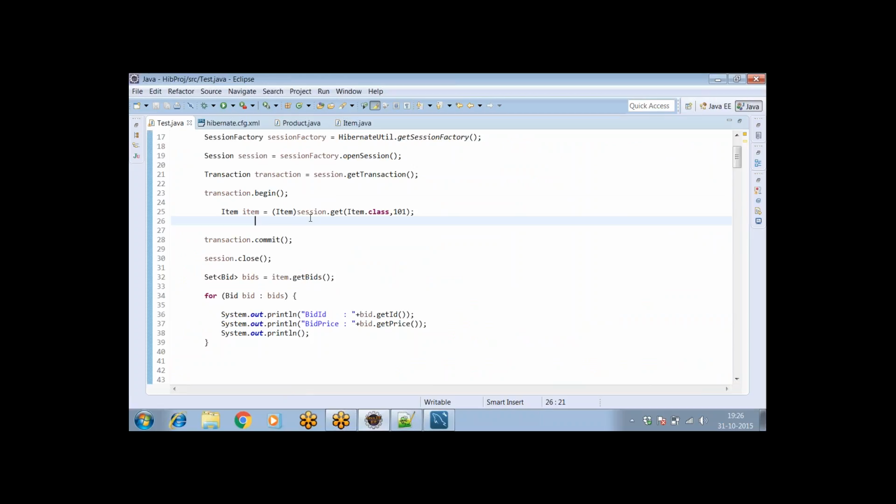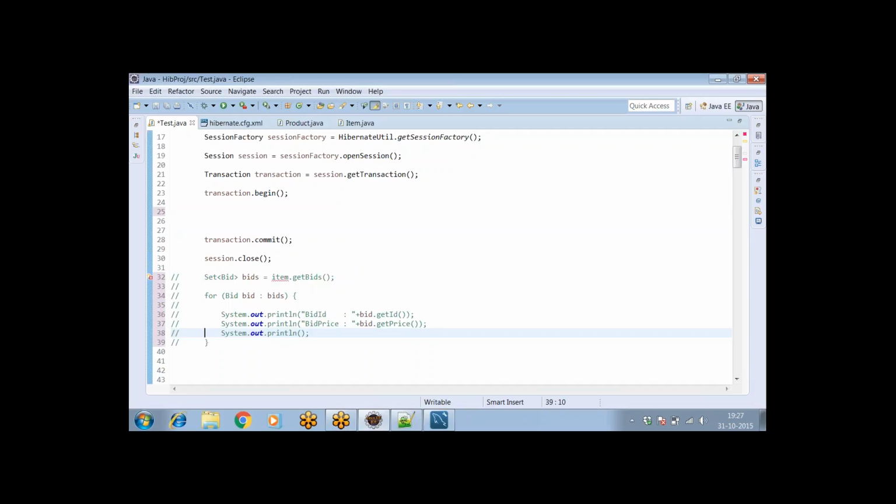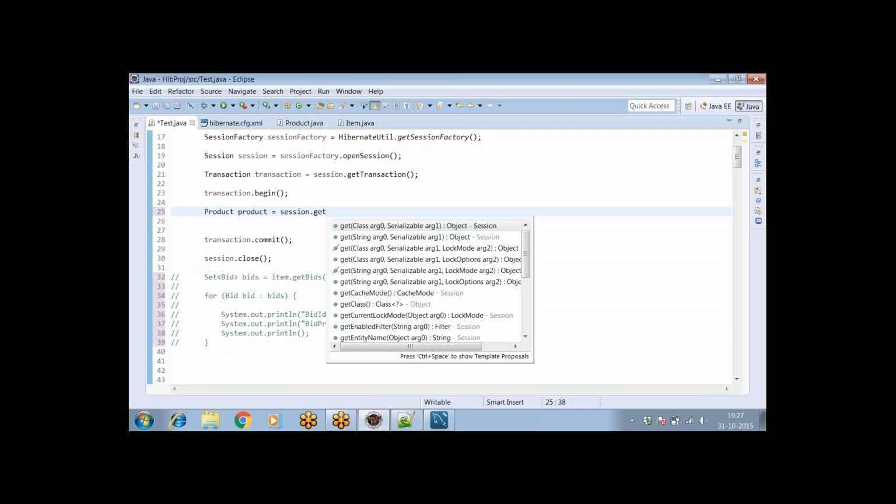So eager fetching is also possible. Now we'll see many to one.